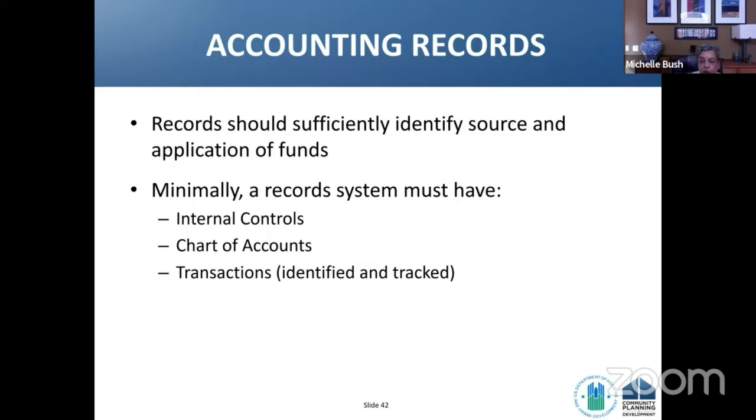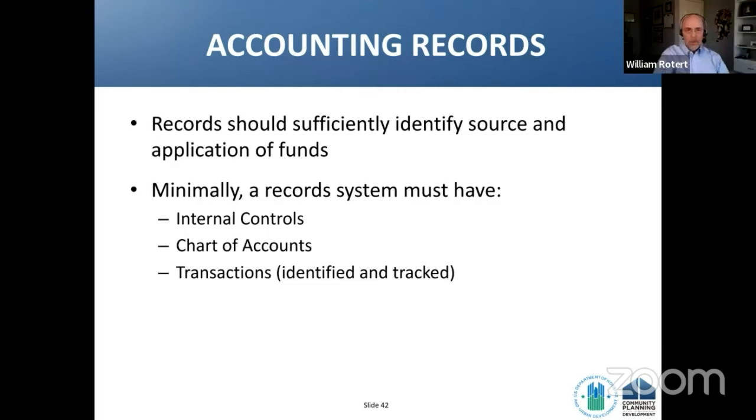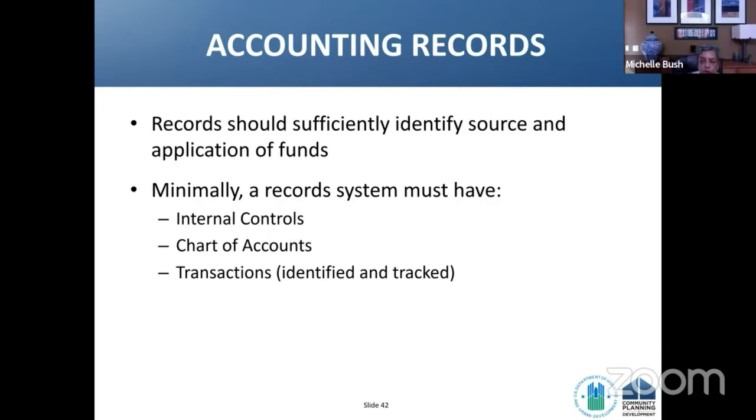Well, your internal controls are typically spelled out in your accounting policies and procedures, and they would include policies such as you must have 2 signatures on a check or 2 signatures on the approval of an invoice, or also your supervisor has to sign your timesheet. The chart of accounts is the method that accountants use to track your expenses.